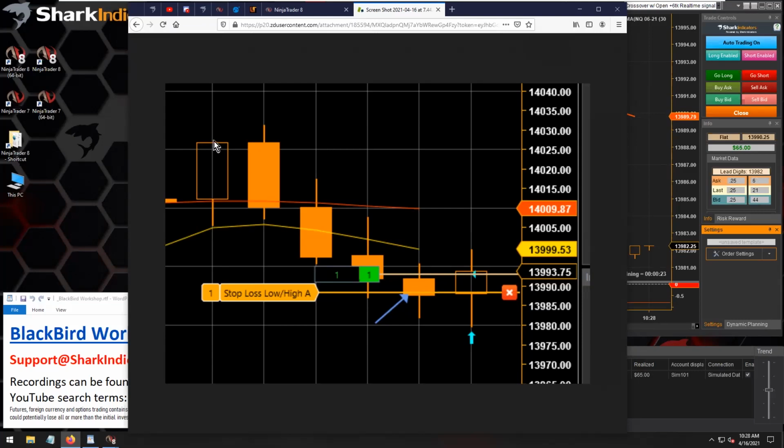Because the top of the body could be the closing price, or it could be the open of the bar, depending on whether the bar is an up bar or a down bar. The top of the body could be two different prices. Some kind of custom logic like that requires a custom indicator to identify the top of the body price. Which price is the top of the body? Is it the close or is it the open? Versus the bottom of the body, is it the open or the close?